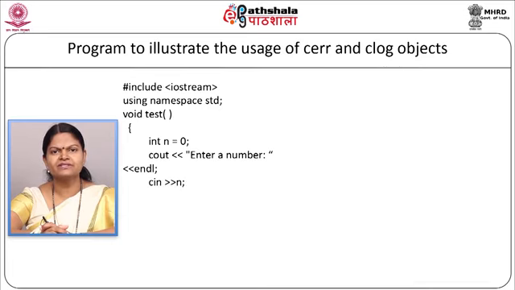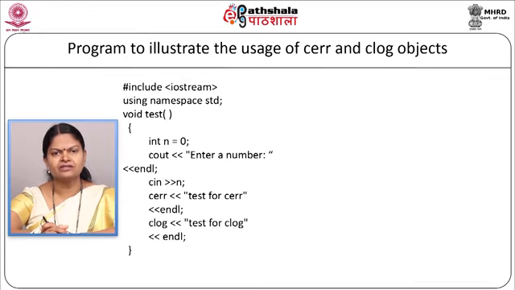Now we'll display the message using cerr and clog as cerr "test for cerr" and clog "test for clog", and our function will end. Now we will start with our main program. We'll start as int main. Here inside the main program, we'll again declare one more integer as i.